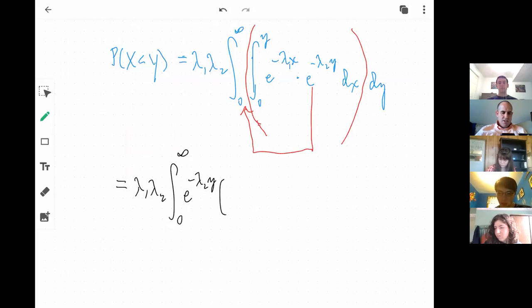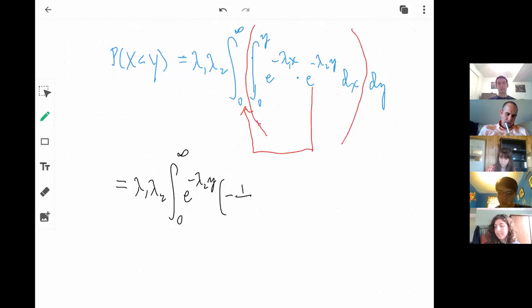All right, so let's think about what an antiderivative is for e to the minus lambda 1x. Minus e to the negative lambda 1x over lambda 1.